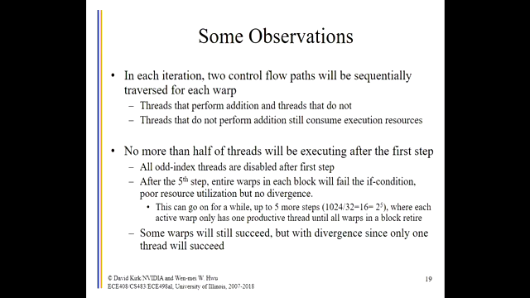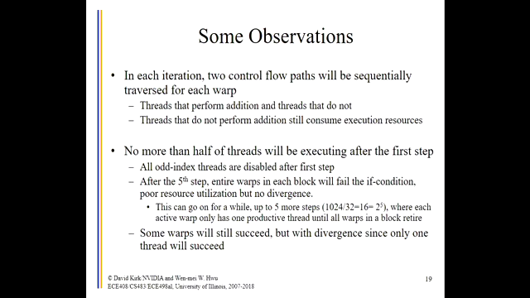After the fifth step, the stride value is going to be greater than 32, right? So then after that fifth step, entire warps will become inactive, right? So that's good. Then you don't have control divergence in those warps anymore, right? But whatever remaining warps that we have will still have control divergence.